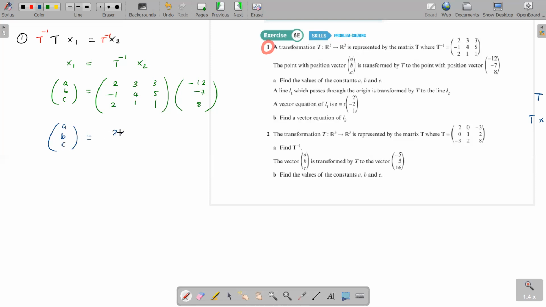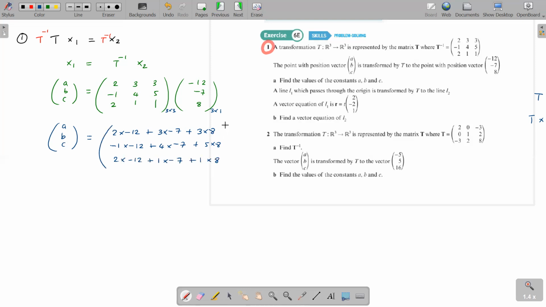This is a 3 by 3 matrix multiplied with a 3 by 1, thereby you get a 3 by 1. First row: 2 into -12 plus 3 into -7 plus 3 into 8. The next: -1 into -12 plus 4 multiplied by -7 plus 5 multiplied by 8. The next one: 2 multiplied by -12, plus 1 multiplied by -7 plus 1 multiplied by 8.